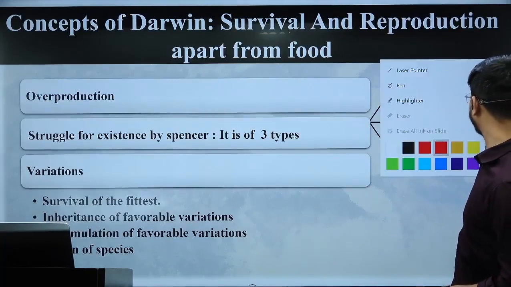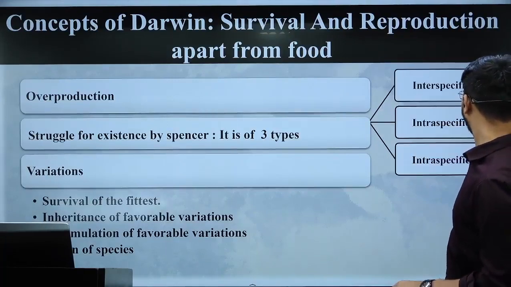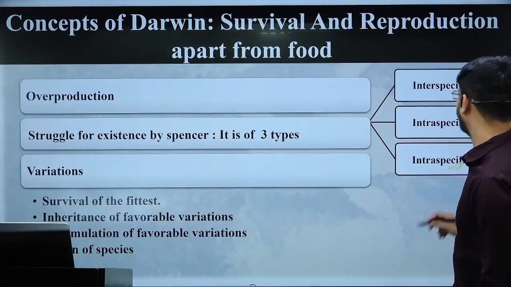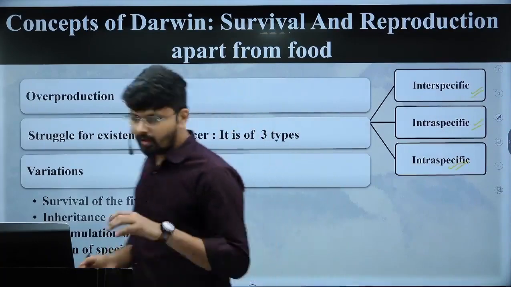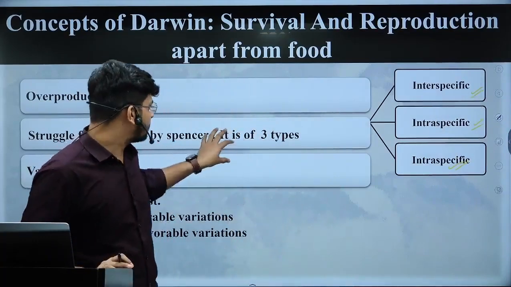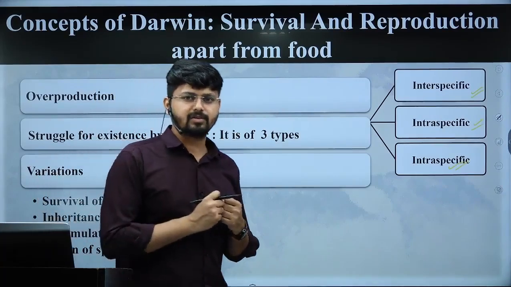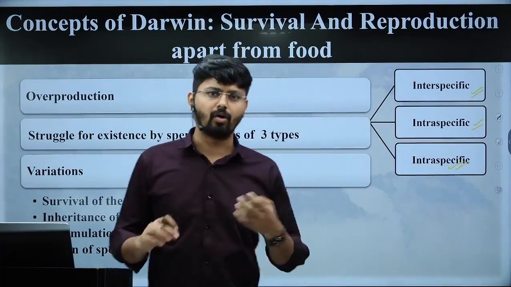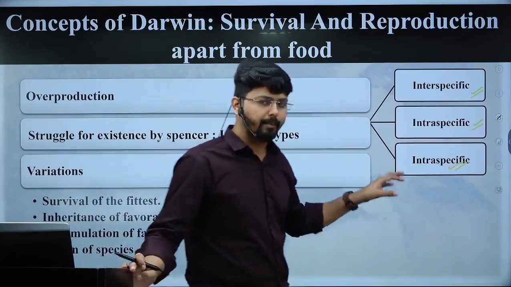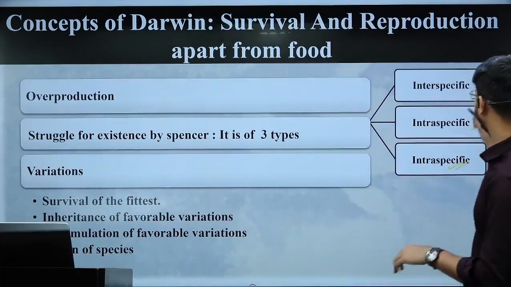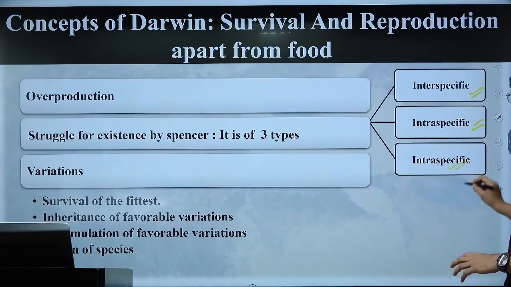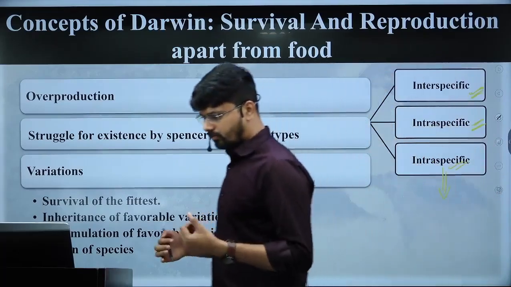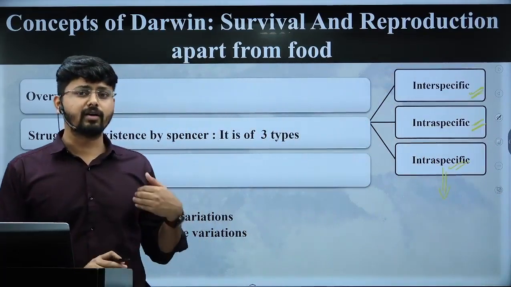Interspecific and intraspecific. First it happens between different species altogether, and next it happens within the species. There might be struggle for existence with other animals as well.